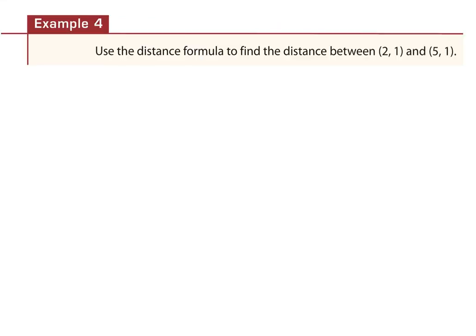So let's see how we use it. Use the distance formula to find the distance between these two. All right? So my distance formula, I'm going to take the square root. And I'm going to subtract my x's. 5 minus 2. That is my a. I need to square it.